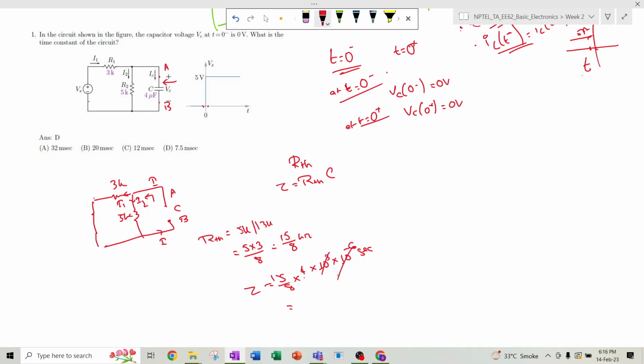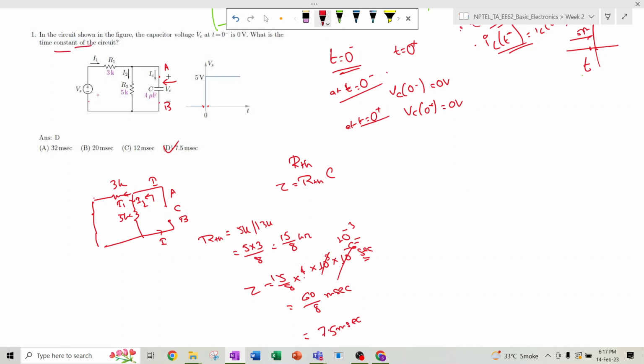So this and this cancel out and it comes as 10 to the power minus 3, or 60 divided by 8 millisecond. 10 to the power minus 3 means millisecond. So we should calculate 60 divided by 8, and it is coming as 7.5 millisecond. So answer D is the correct answer. This is nothing but the time constant of the circuit.